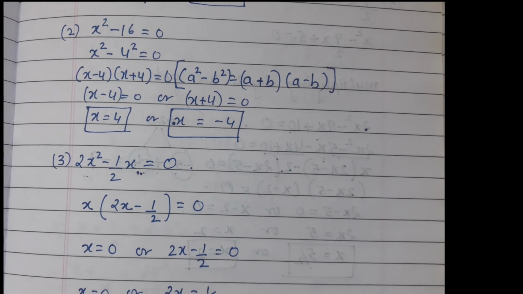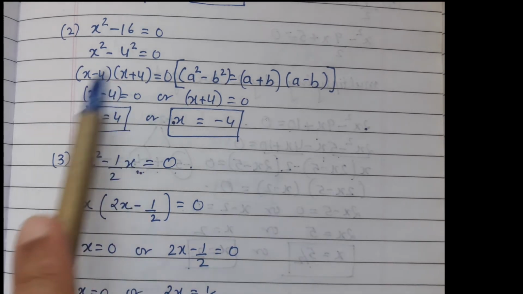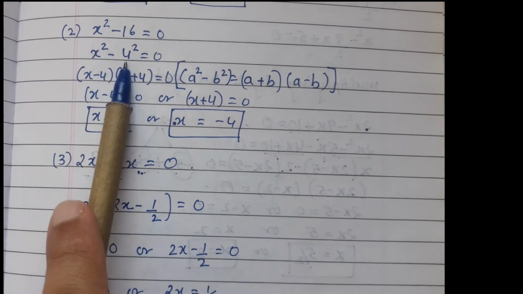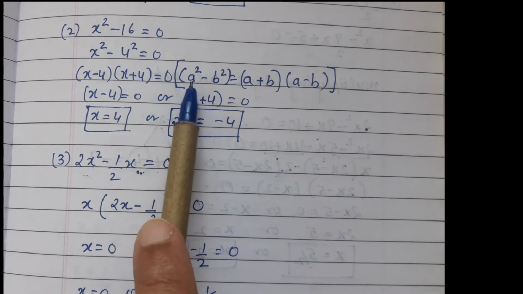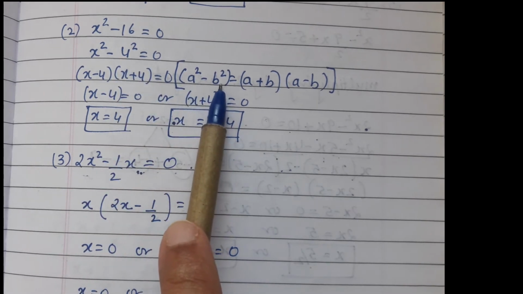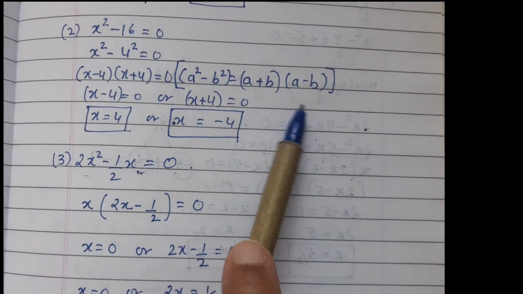Second sum, x square minus 16 is equals to 0. What is 16? 4 square. So x square minus 4 square is equals to 0. Now this is in the form of a square minus b square, which is a plus b, a minus b.